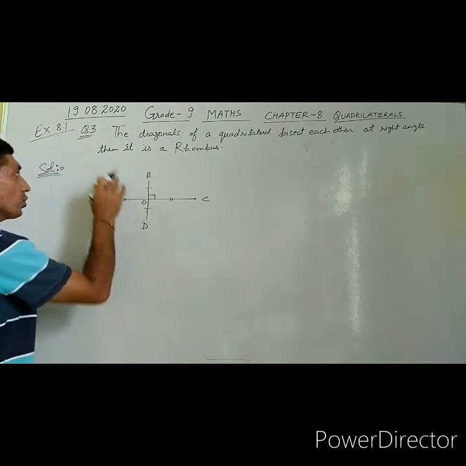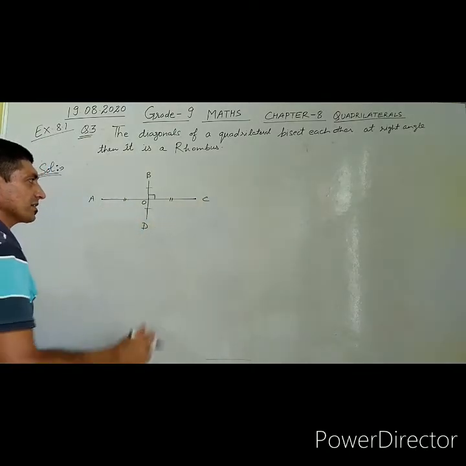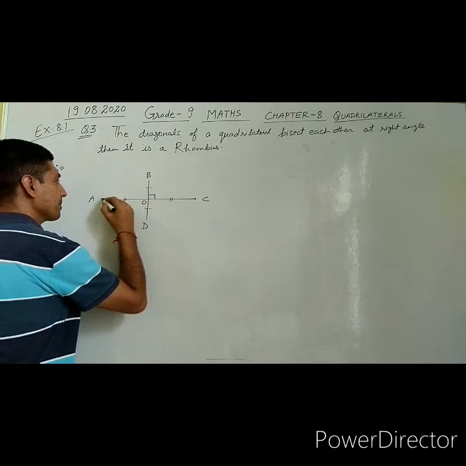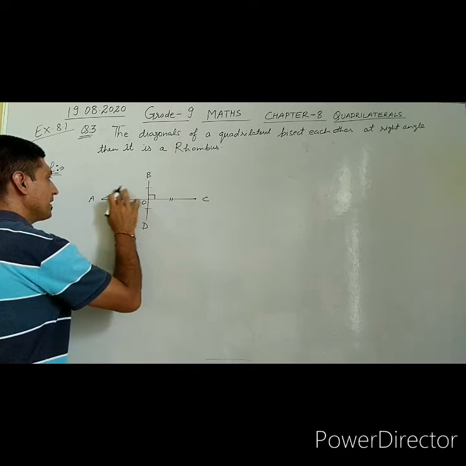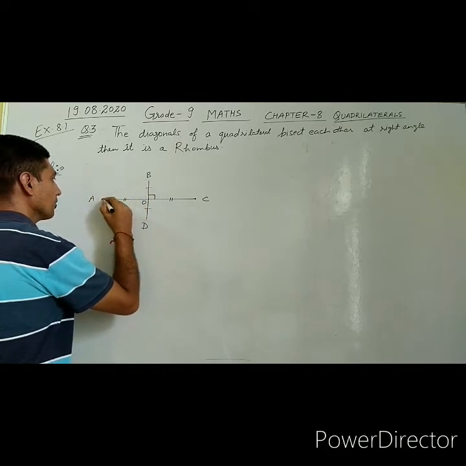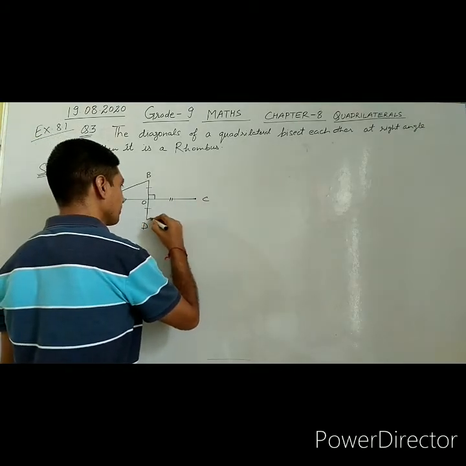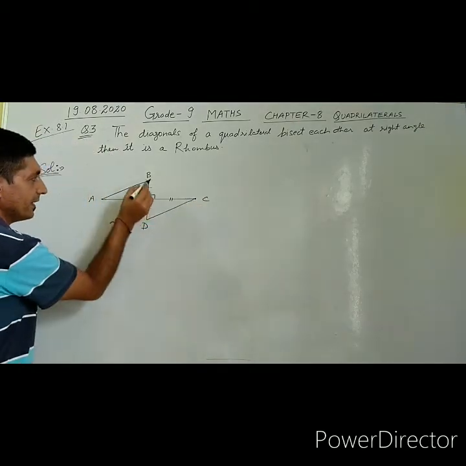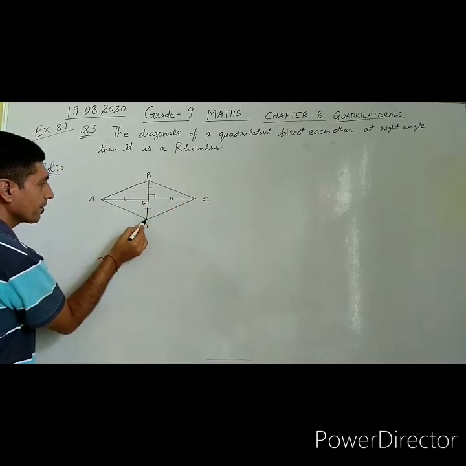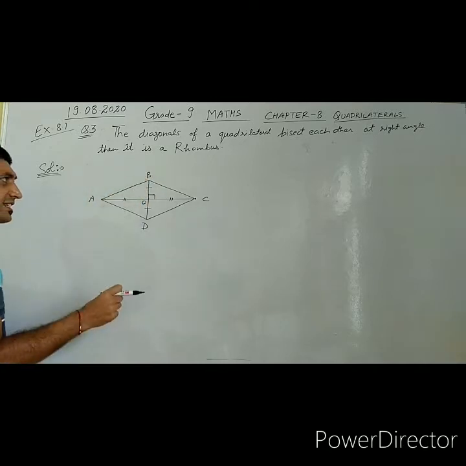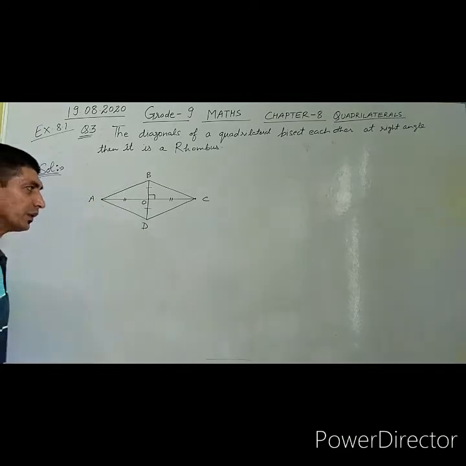Now, to prove that ABCD is a rhombus, we join AB and DC, similarly B with C and A with D. We want to prove that AB is equal to BC is equal to CD is equal to AD.